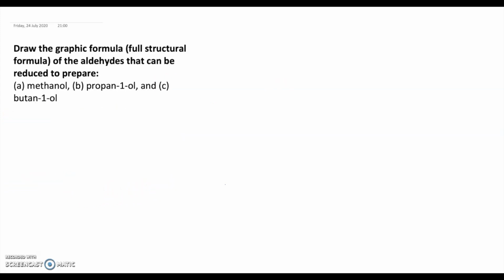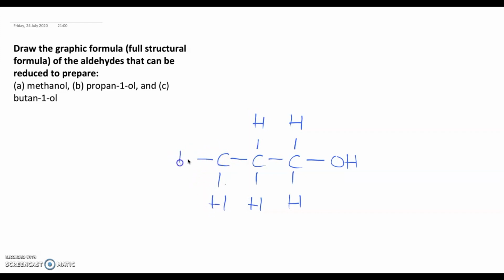So question B is asking which aldehyde is used to make propan-1-ol. So I'm going to draw propan-1-ol, and in propan-1-ol I'm going to put an OH group on the end carbon, carbon 1, and I'm going to put in all the hydrogens, and then all I'm going to do is remove 2 hydrogens from propan-1-ol.